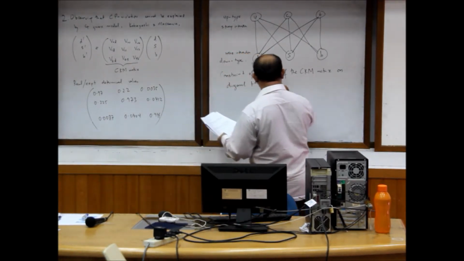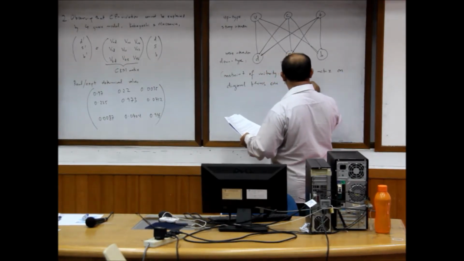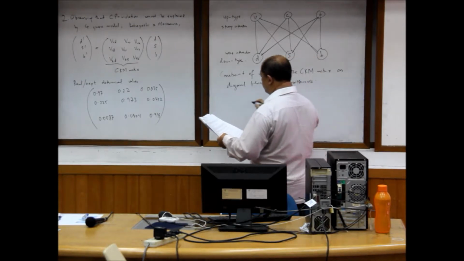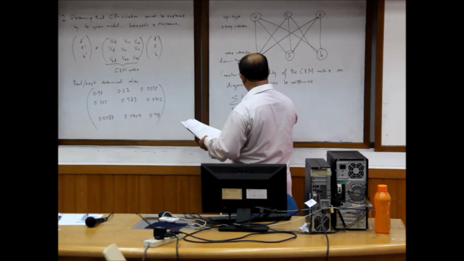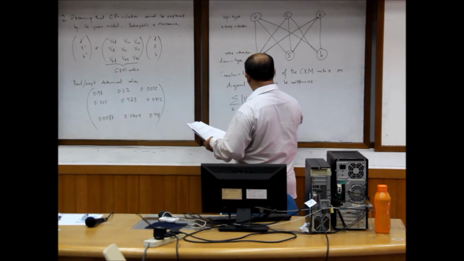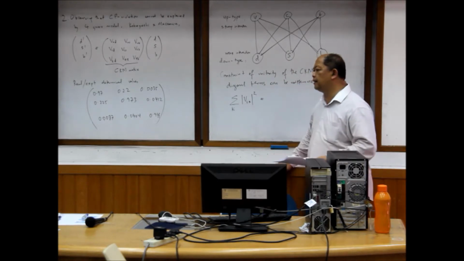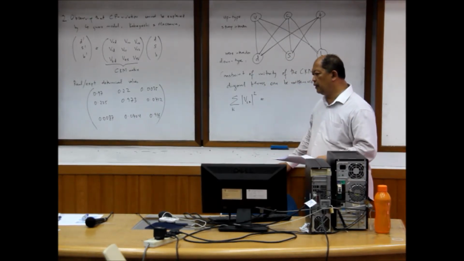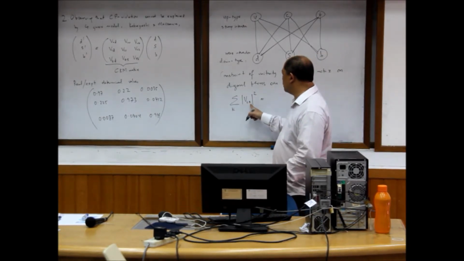So this can be written as the sum over K of V I K squared for a particular quark. Okay, we can add up all of them for a particular quark.